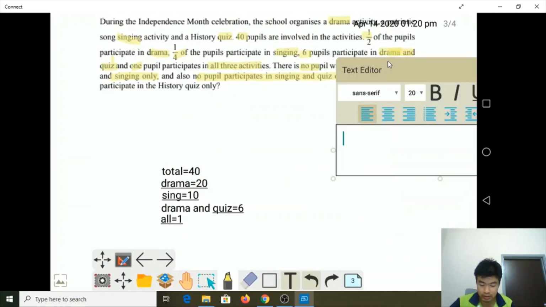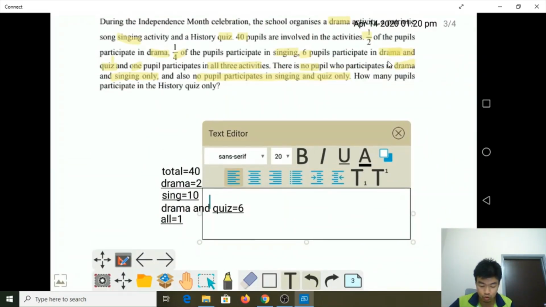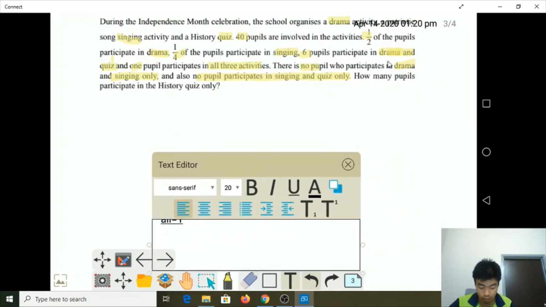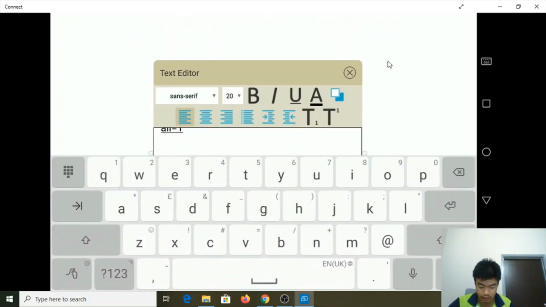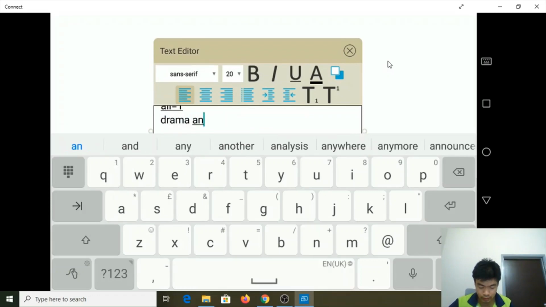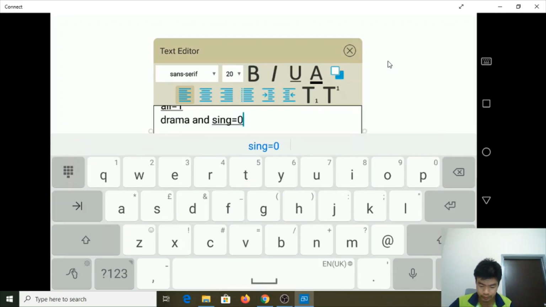What else? There's no pupils who participate in drama and singing only. No pupils means 0, right? Drama and singing, 0.